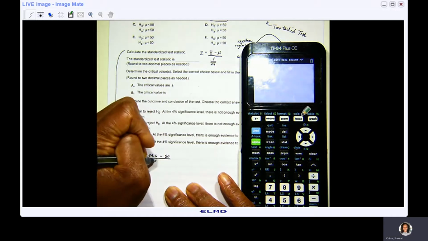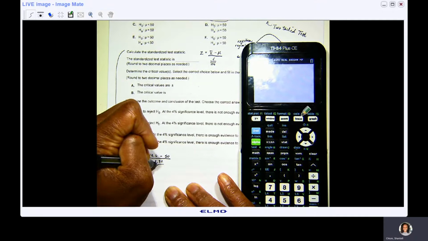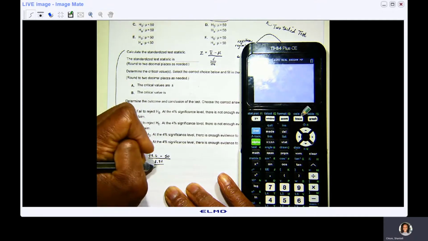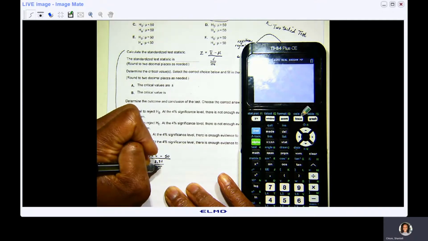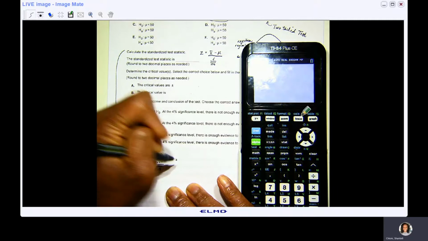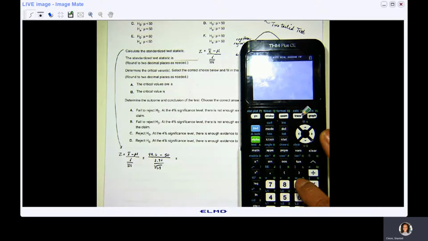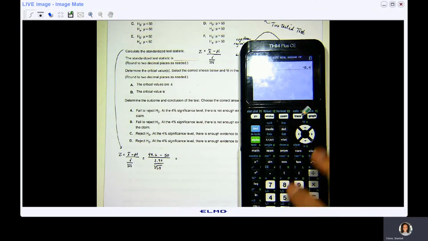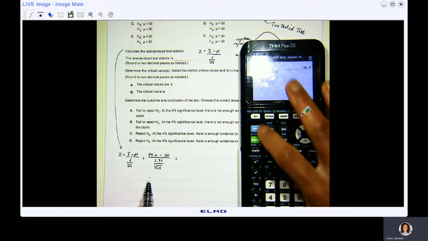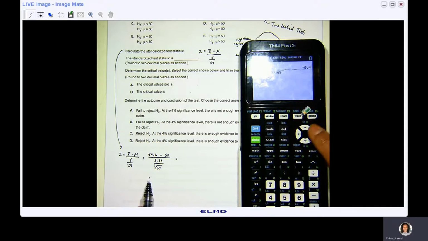Sigma is 3.92. And that is divided by the square root of 69. Square root of n is 69. Okay. So I'm going to put in 49.6 minus 50. I'm going to do that first. Then I'm going to divide that by this whole value here. So I'm going to put that whole thing in parentheses. 3.92 divided by the square root of 69.